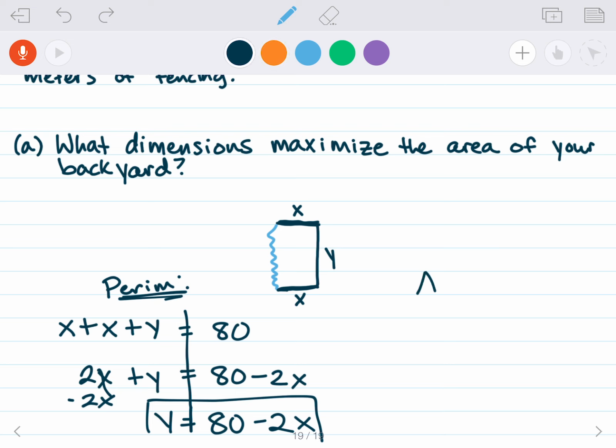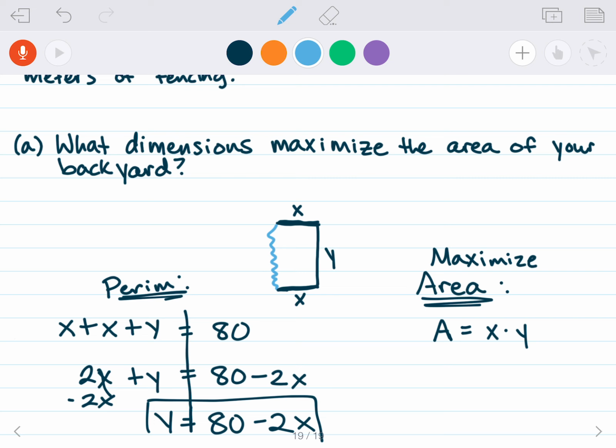So that's my perimeter function. Now the function that I really care about is the area function, and I want to maximize the area function. So the area of a rectangle is length times width. In this case, the area of the rectangle is going to be x times y. All right.